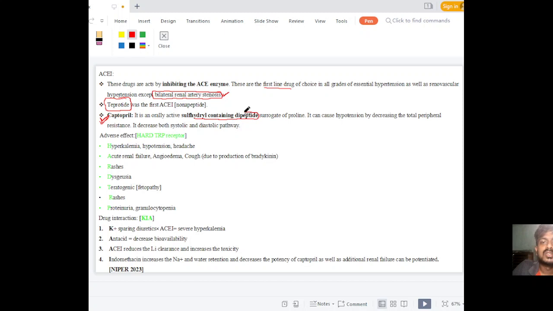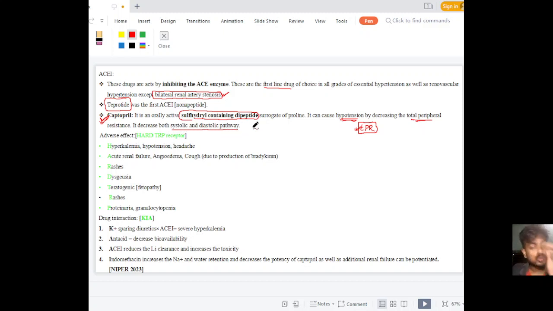It causes hypotension by decreasing total peripheral resistance. It decreases TPR, so ultimately both your systolic and diastolic pressure, your whole BP, will be reduced.